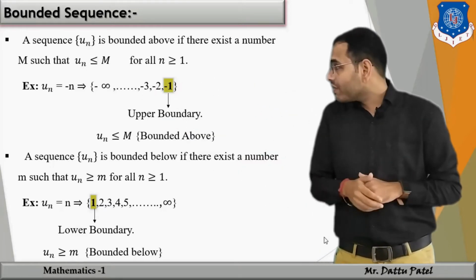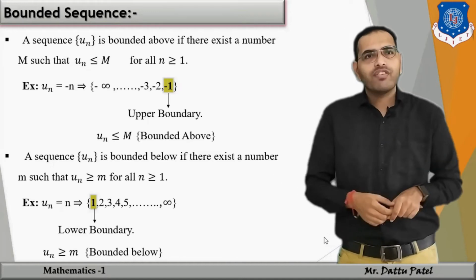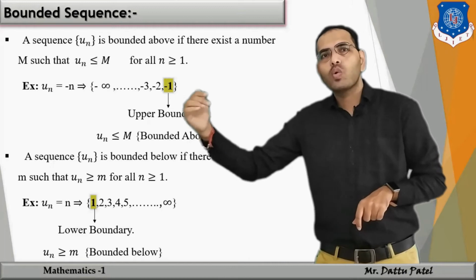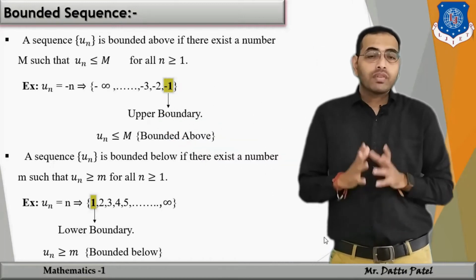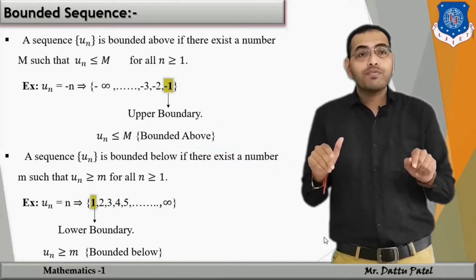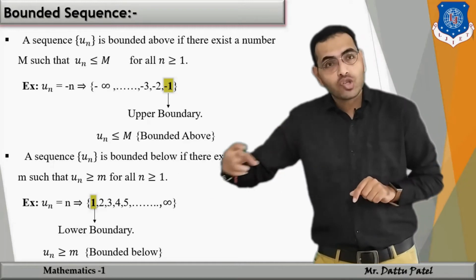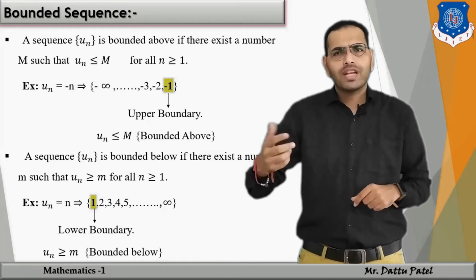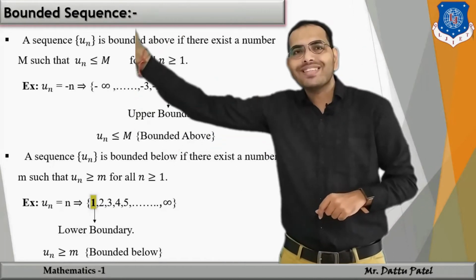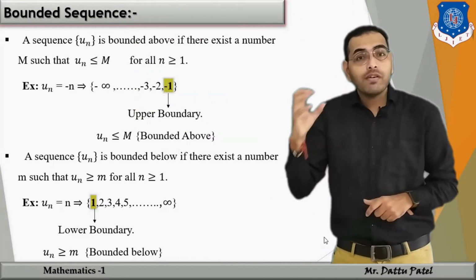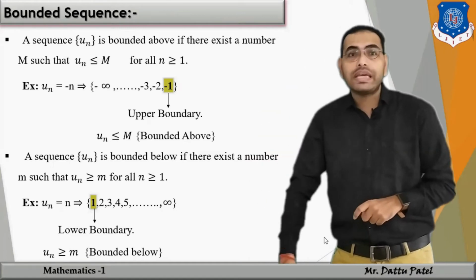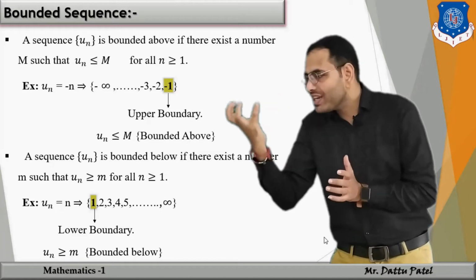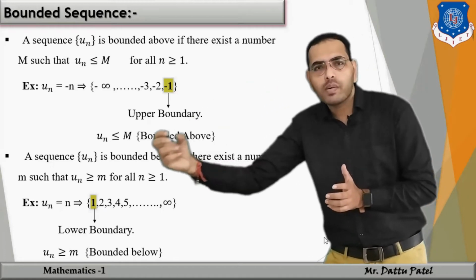Then we get our sequence as minus 1, minus 2, minus 3, and so on up to minus infinity. The maximum value of that particular sequence is minus 1, which means minus 1 is the upper boundary.